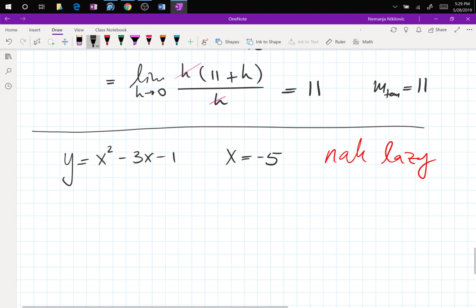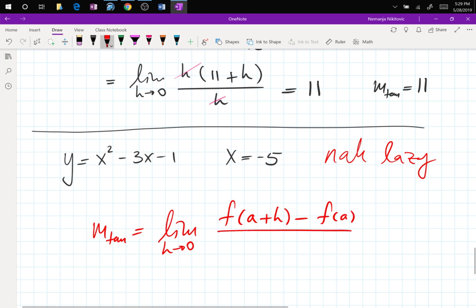Instead, we are going to change our formula. Don't write this yet. M tangent that we had, limit h goes to 0 of f of a plus h minus f of a divided by h. Well, this formula had a specific a in it, and every time I change the location, the a changes, and then I have to redo the whole problem.